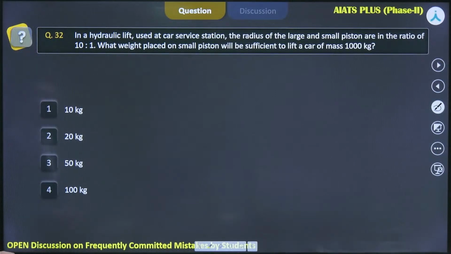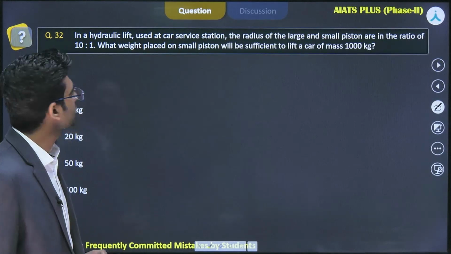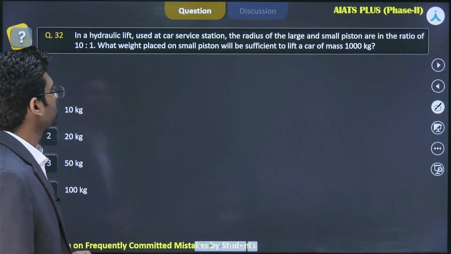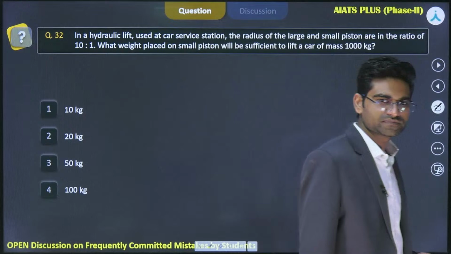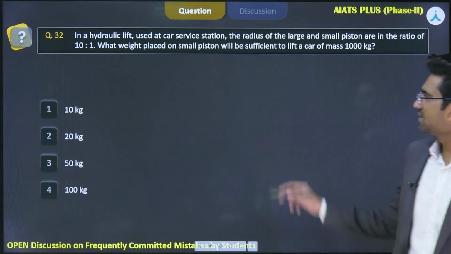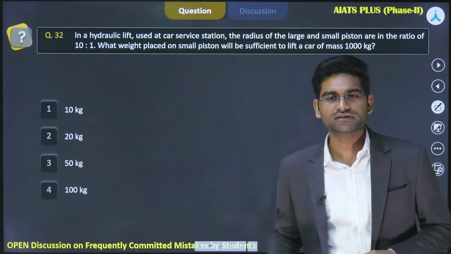In a hydraulic lift used at car service station, the radius of the large and small piston are in the ratio 10:1. What weight placed on a small piston will be sufficient to lift a car of mass 1000 kg? Tell me the name of the chapter as well as the concept which we can use here to solve this question.